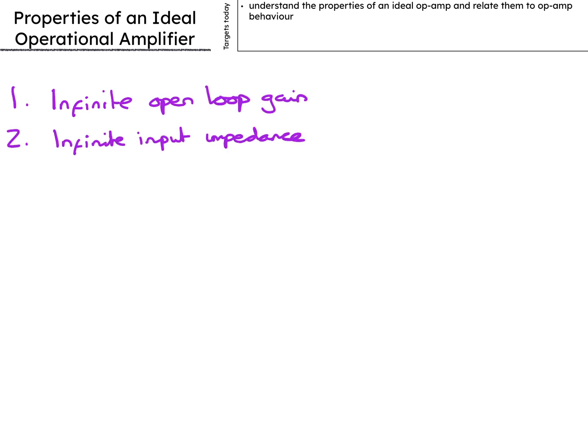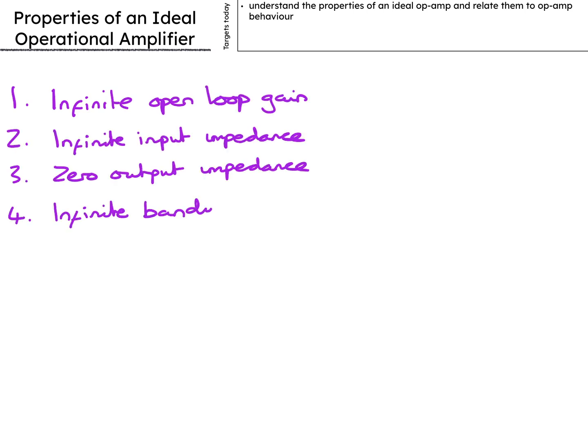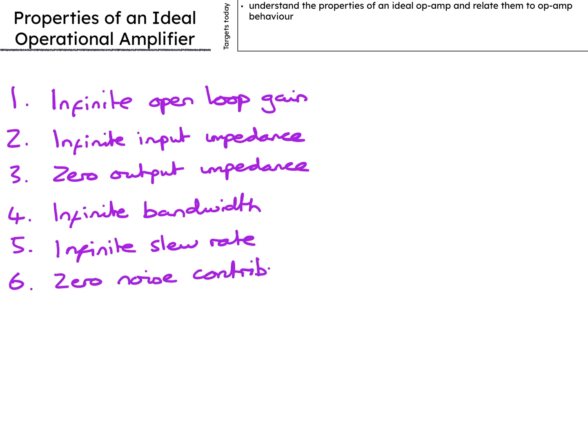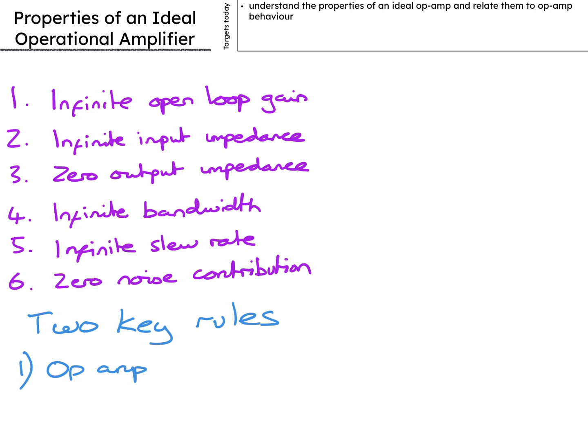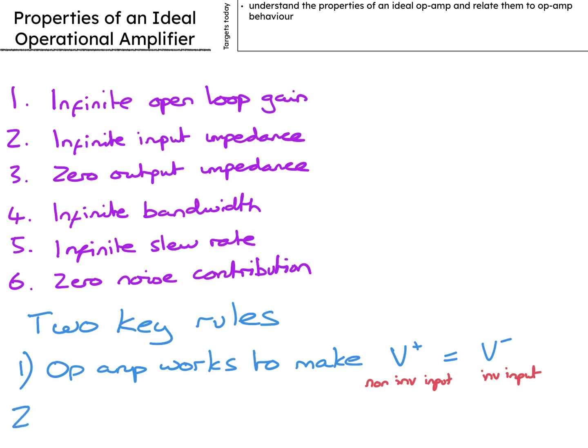And these lead us to 2 key rules that help us explain all the other behavior of the op-amp in circuits. Rule number 1, the op-amp will work to make V plus equal V minus. The voltage at the non-inverting input will be equal to the voltage at the inverting input. Rule number 2, I plus equals I minus equals 0.